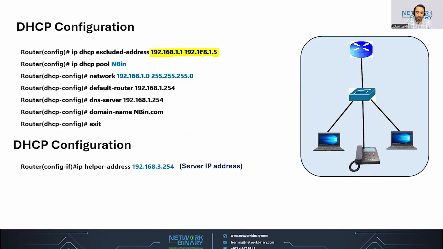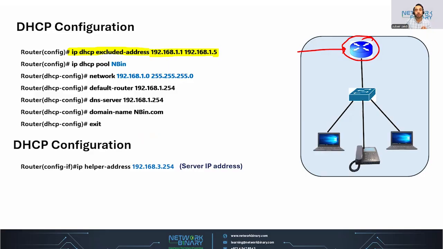We want that whenever the DHCP server receives any request or discover message, the server should not offer an IP address from certain ranges. If you want to define the range that the server should not offer, we have the command here on your screen: ip dhcp excluded-address and the range of IPv4 addresses. It means the server is not going to offer IP addresses from this range.